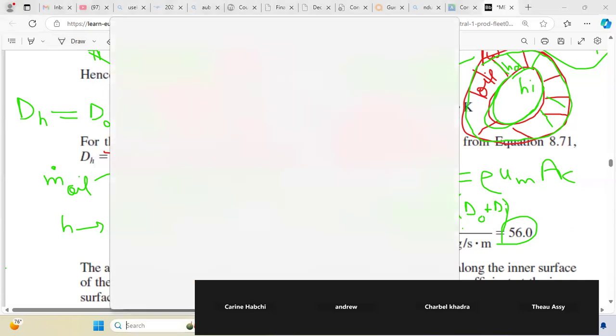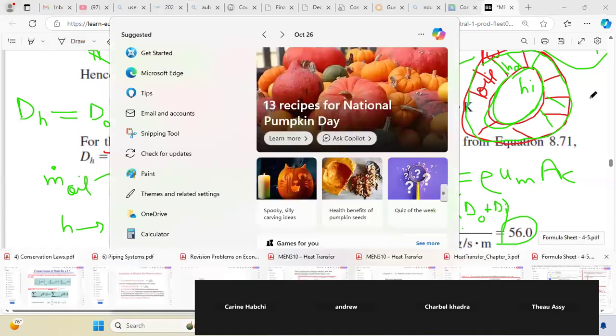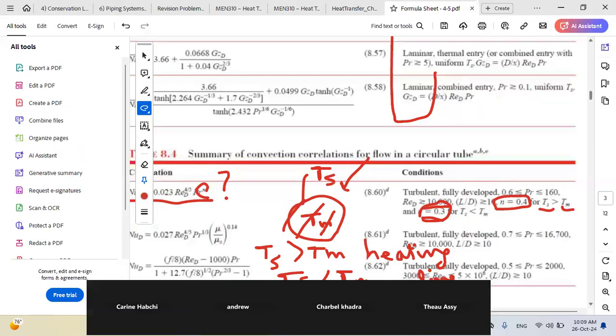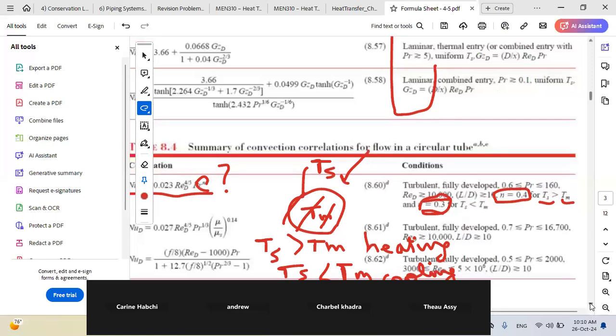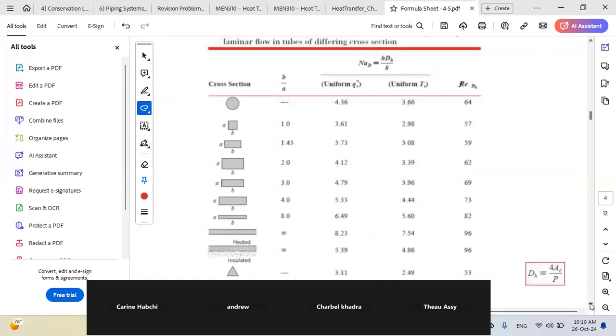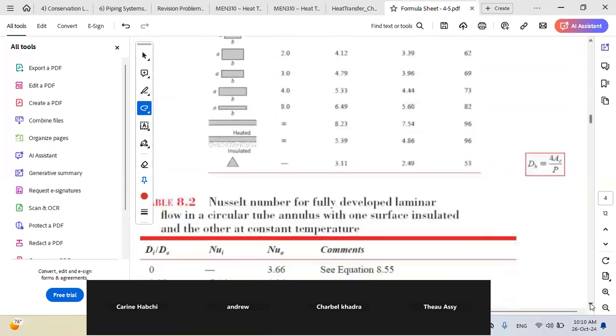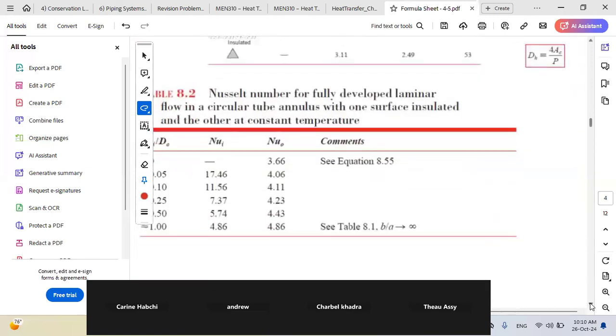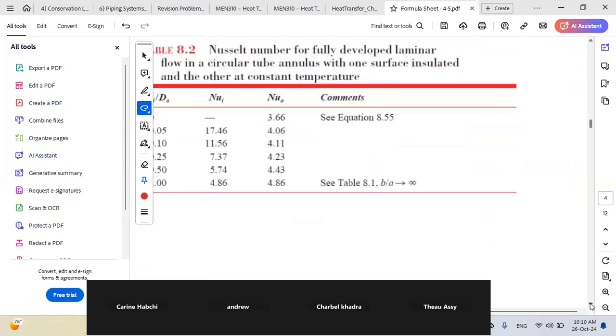So if we consider again our appendix, we need to move down to search for external flow formulas. So here we are still in laminar flow inside a circular tube or in a tube with annulus form.